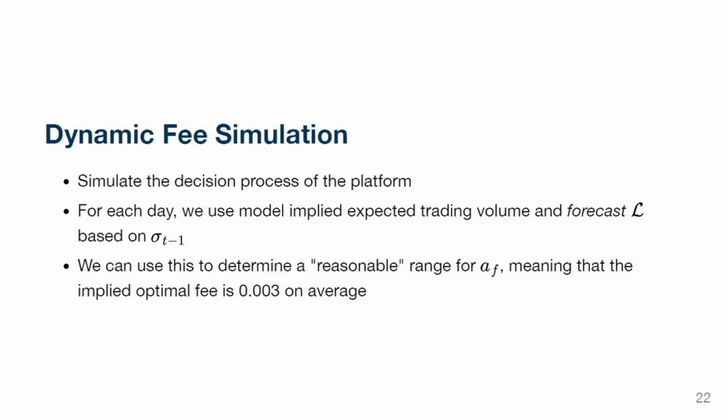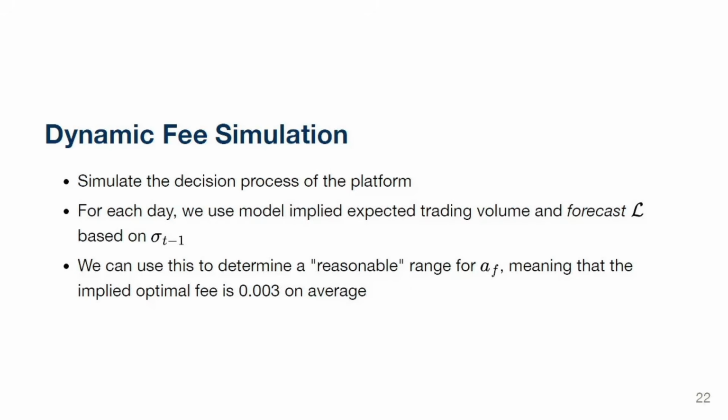With this problem in mind, if we need to tune AF, how do we do it? The best thing we can do is use a bunch of AFs and simulate what a platform would be doing through the time period we looked at, this September 22nd to December 2024 window. For each day, let's pretend we're the platform. We forecast the next day's trading volatility, which means we have to forecast impermanent loss.